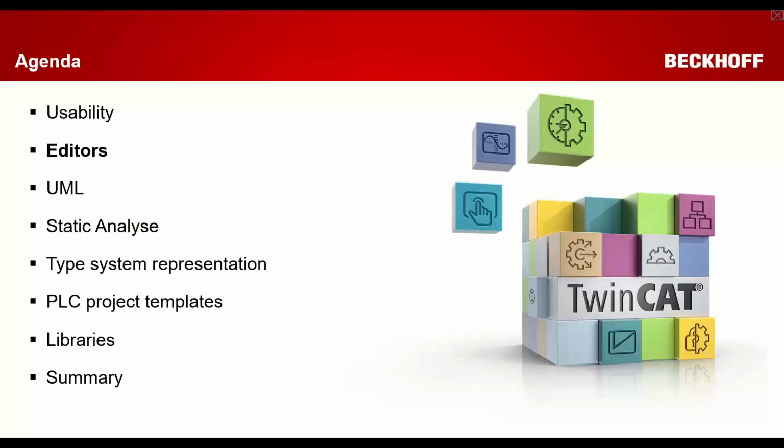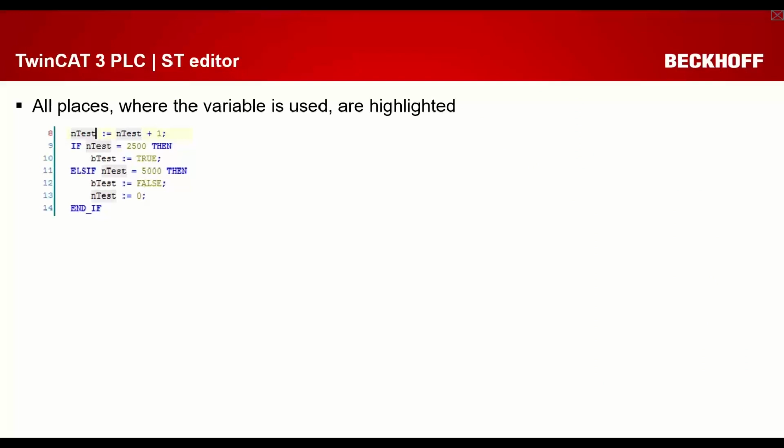And now I would like to continue with the structured text variables. So as you can see here, if you search for specific variables and you have found the variable and just click onto it, you can see that all other places where this variable is used are highlighted automatically.